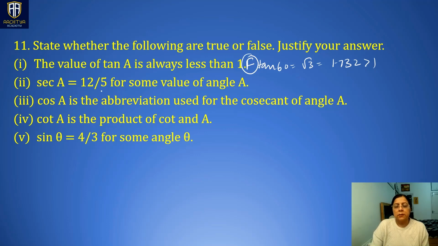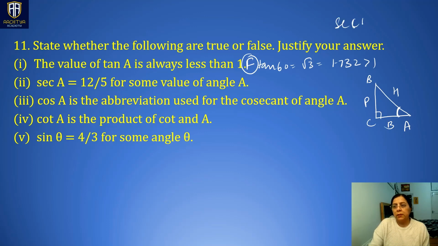Next is secant of A is 12 by 5 for some value of angle A. If in a right angled triangle, we keep this angle as A, B and C, and we are finding the values of trigonometric ratios of angle A, this becomes hypotenuse, this becomes base, and this is perpendicular. Now what is secant of A?